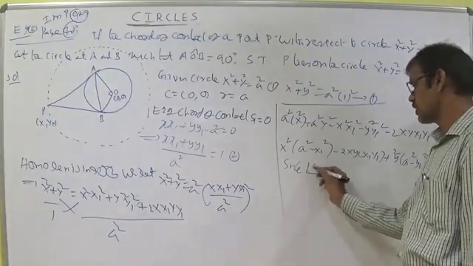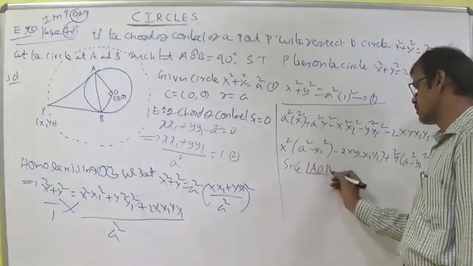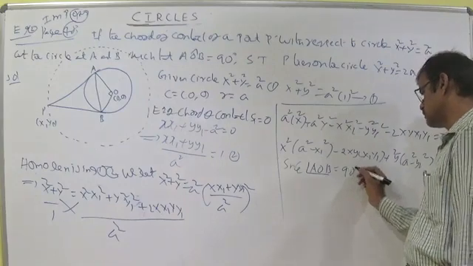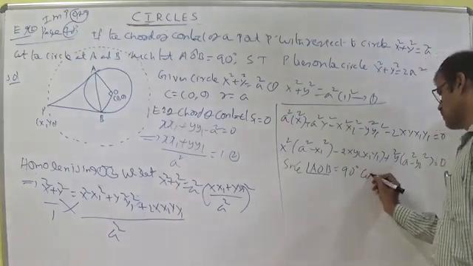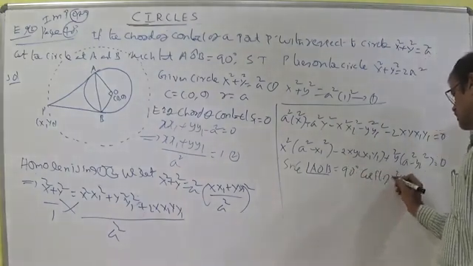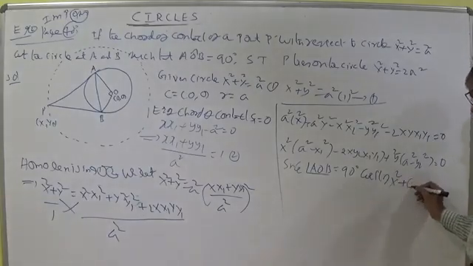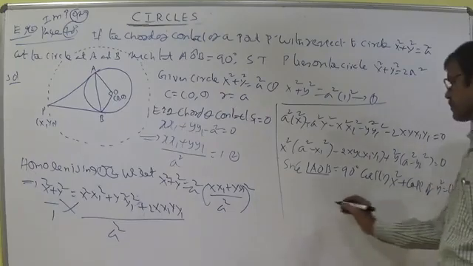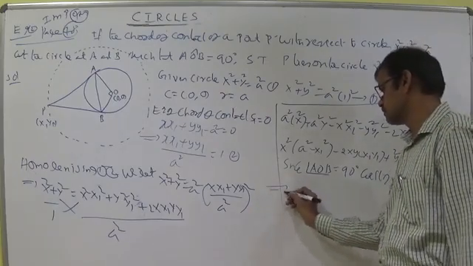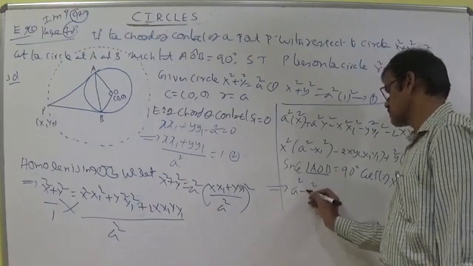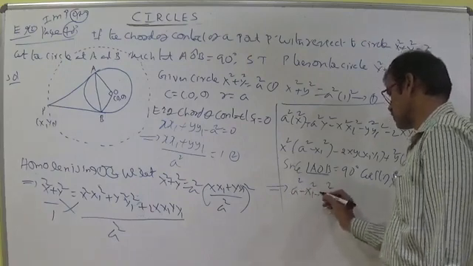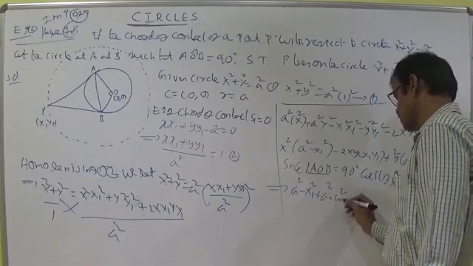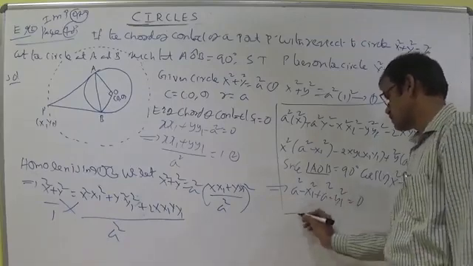Since angle AOB is equal to 90 degrees, here you write coefficient of x square plus coefficient of y square equal to 0. That implies a square minus x1 square plus a square minus y1 square equal to 0.